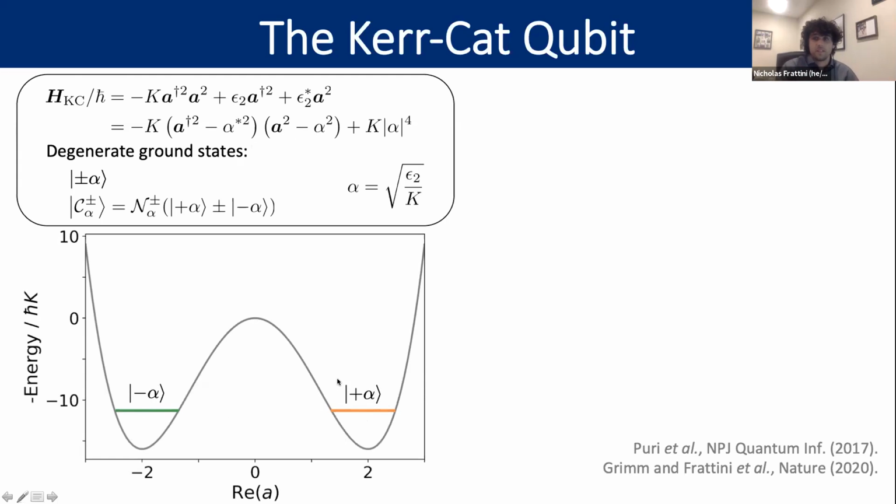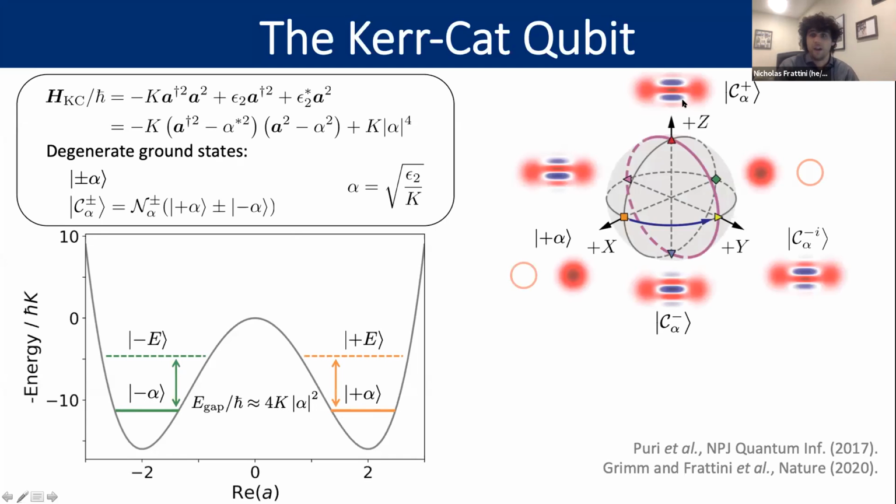And the reason I'm showing this to you is that all the other states are actually different in energy. And therefore we have this energy gap, which scales as the size alpha squared. And that gap allows us to focus, just like we would normally do in a transmon, on the 2 degenerate levels and define a Bloch sphere in which we hope to stay.